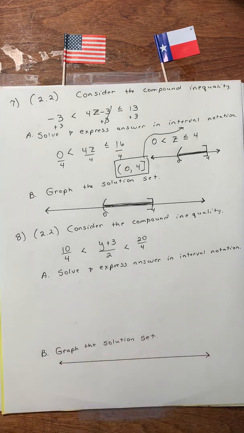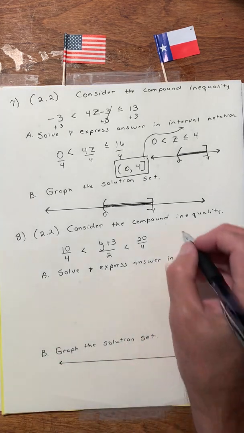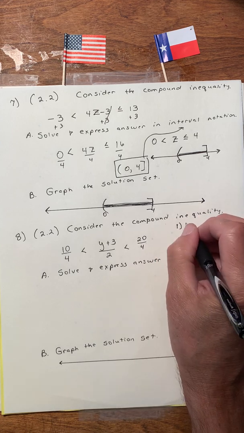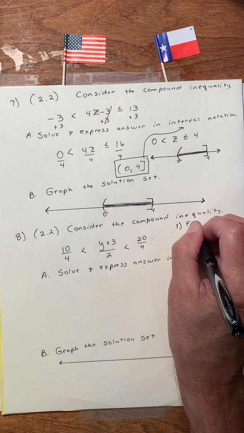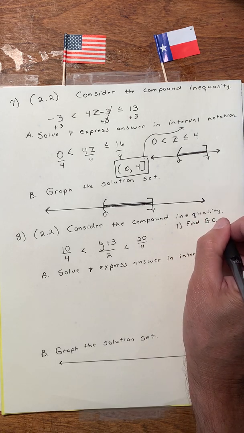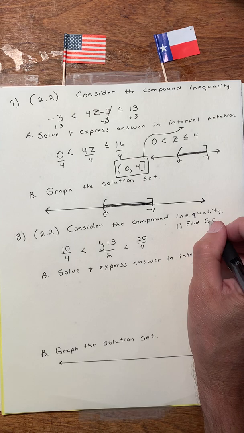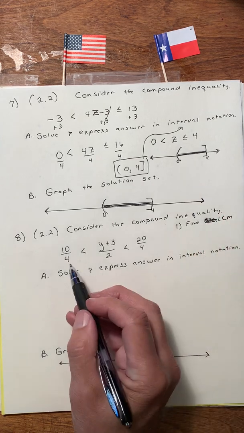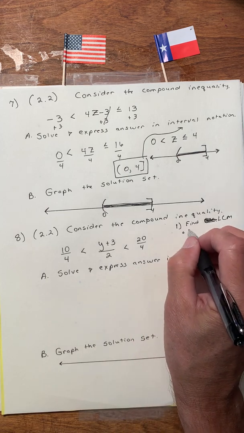Solve and express it. Now, when I have a fraction, my two-step process is number 1, find the LCM, the least common multiple of my denominators.